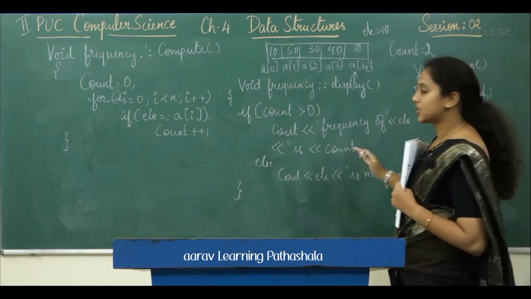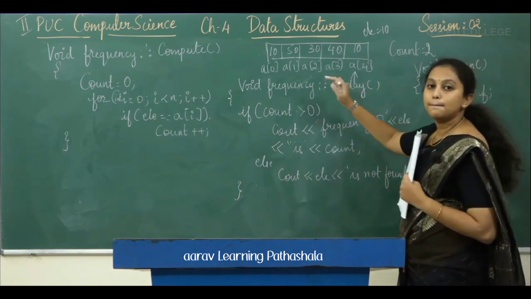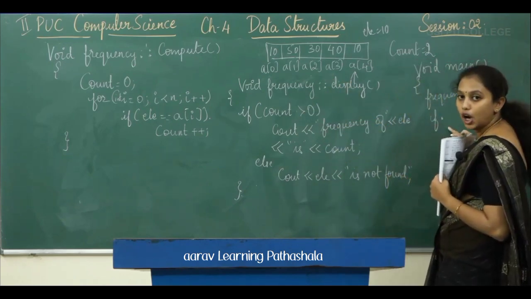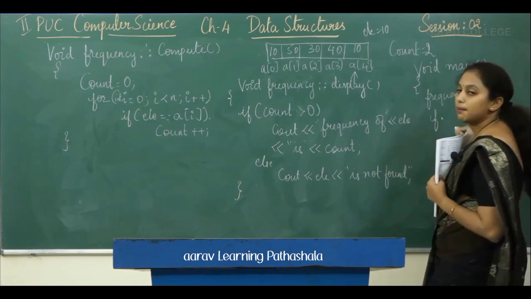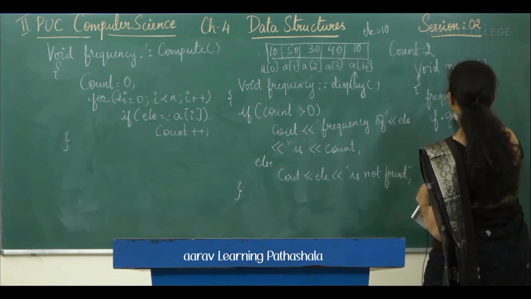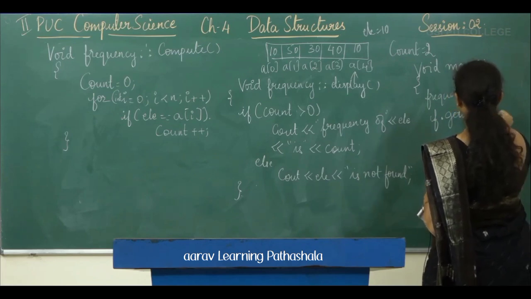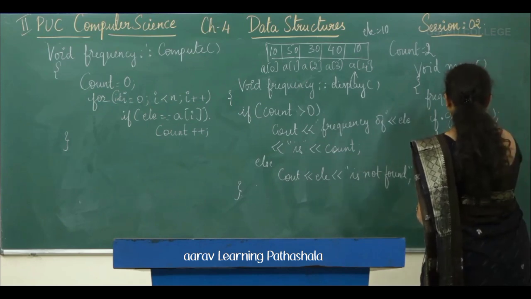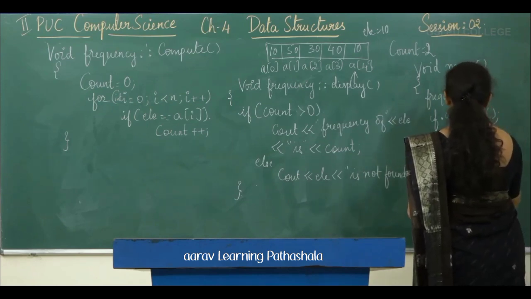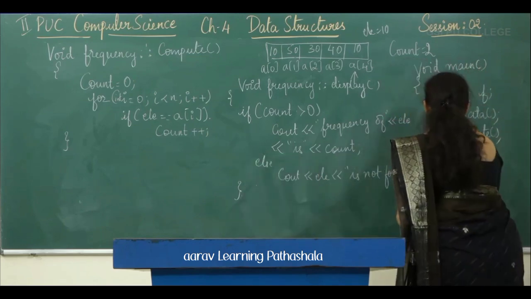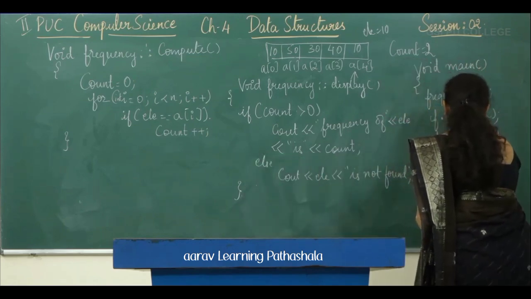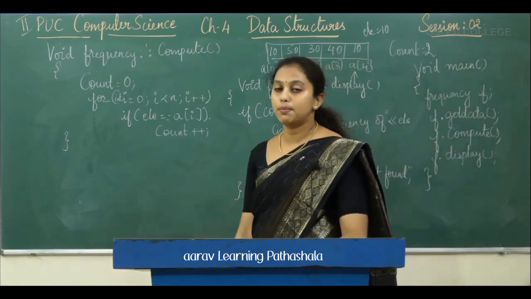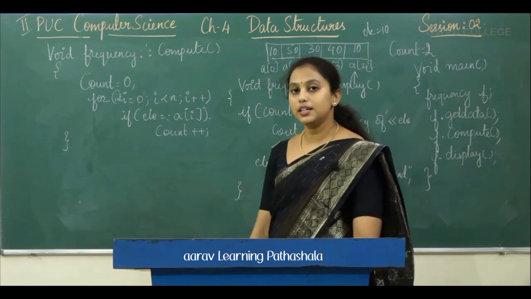Using the object, I am going to call the member functions: object dot member function. The first member function is f dot getdata, the second function is f dot compute, and the third function is f dot display. So this is our program to find the frequency of presence of the element in an array.